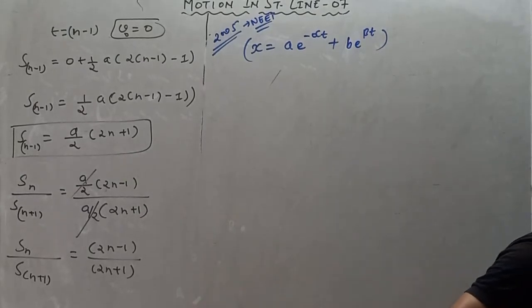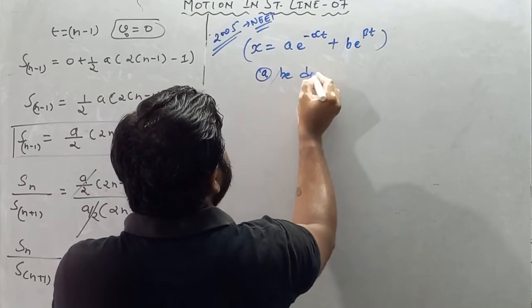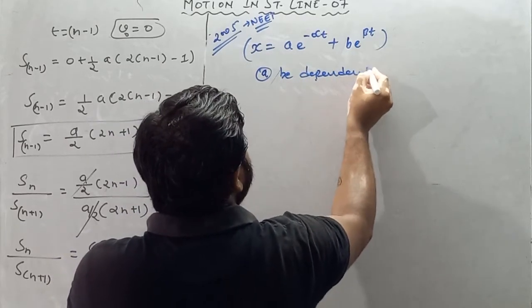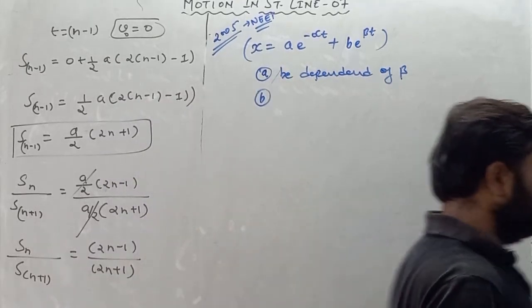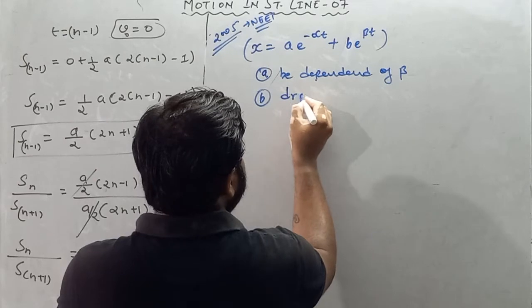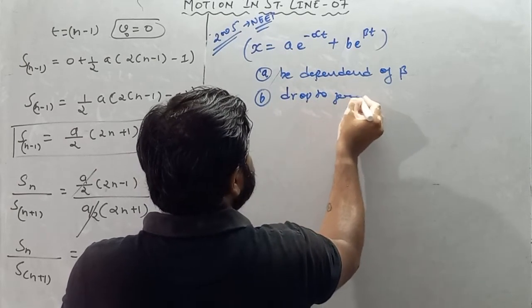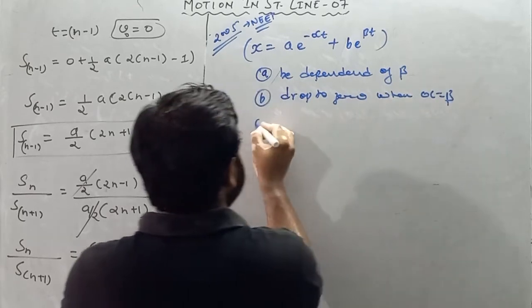Option A: depend on beta. Option B: drop to 0 when alpha is equal to beta.